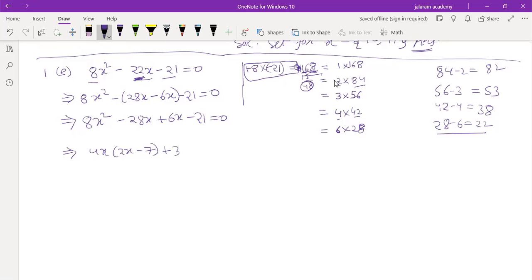In the next step, 3 is common into 2x minus 7 equals 0. It implies in the next step 2x minus 7 is common into 4x plus 3 equals 0.